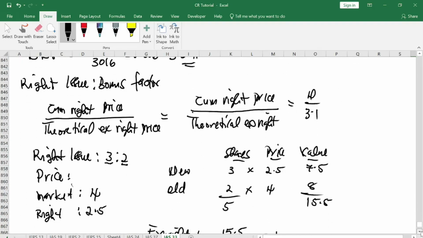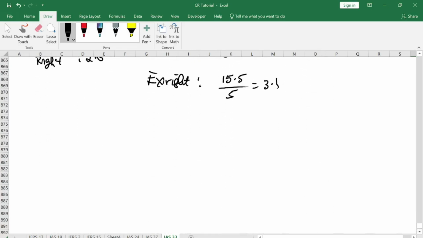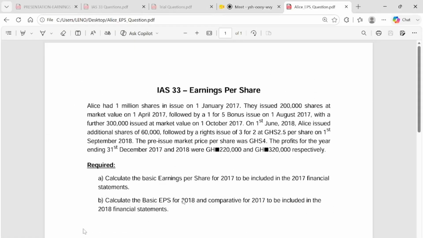Now follow the question. They said to calculate the basic earnings per share for 2018 and the comparative for 2017 to be included in the 2018 financial statement.